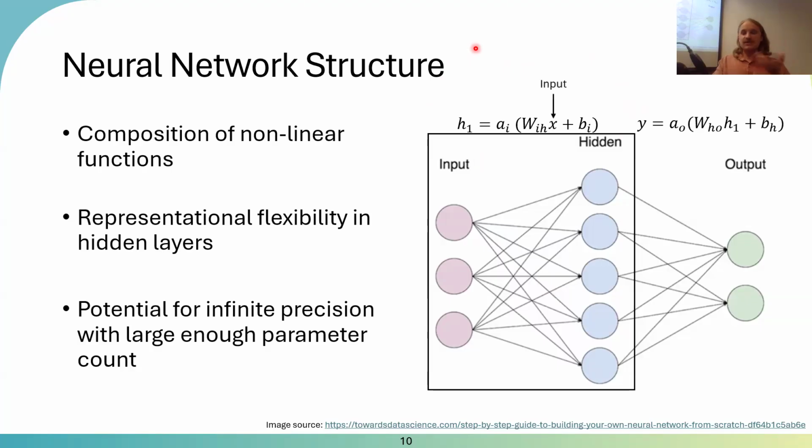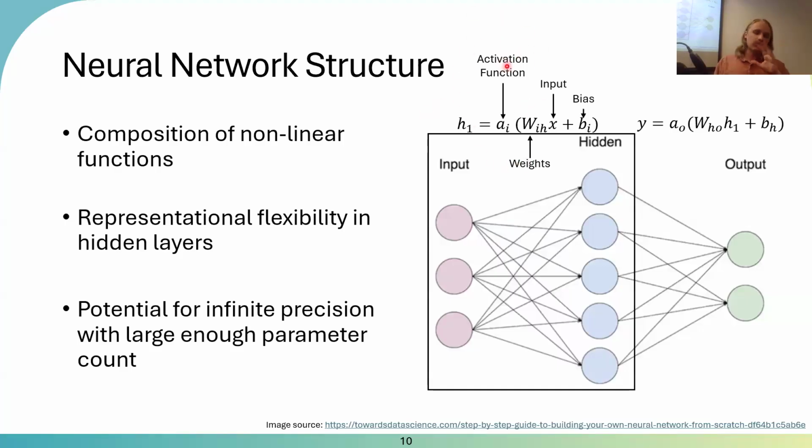The input is represented by this x here, which then gets multiplied by the weights, which I usually visualize as the lines in between our different layers. Then there's a bias that gets added at the end, which is in vector form. And then we have some sort of nonlinearity, which is this activation function here.